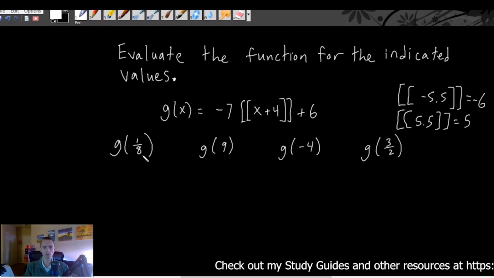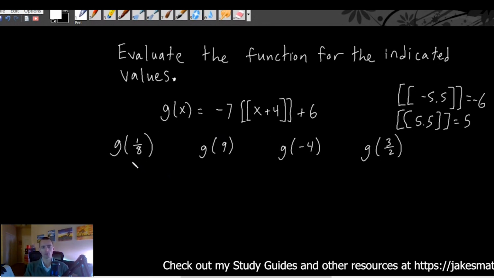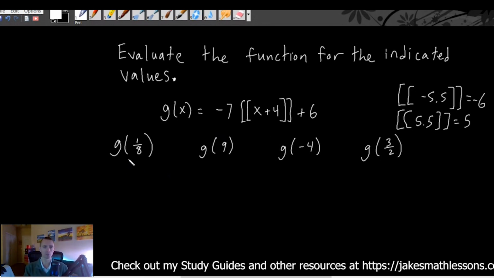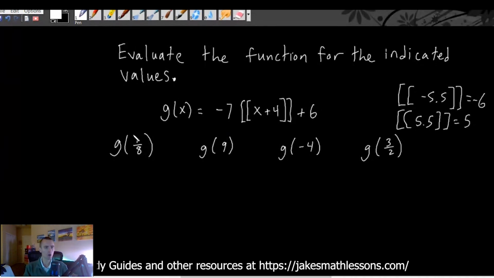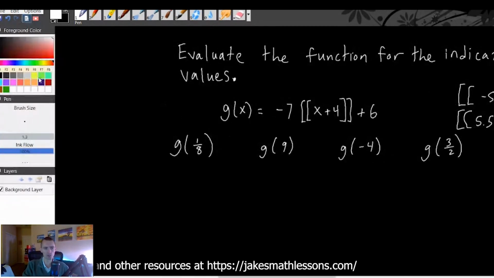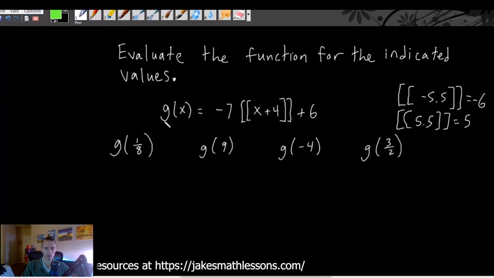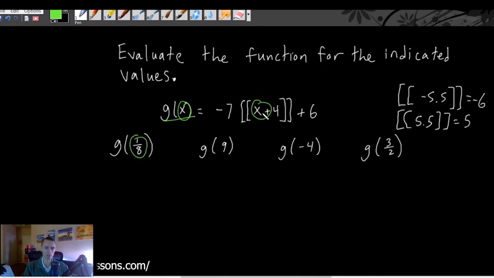So when we're evaluating these 4 different things, really just like any other function, when you're trying to take g of 1/8, for example, all that means is go to your function g of x right here. Wherever you see an x, just replace that x with whatever number is in the parentheses here. So we're just going to replace our x with 1/8 to find g of 1/8.